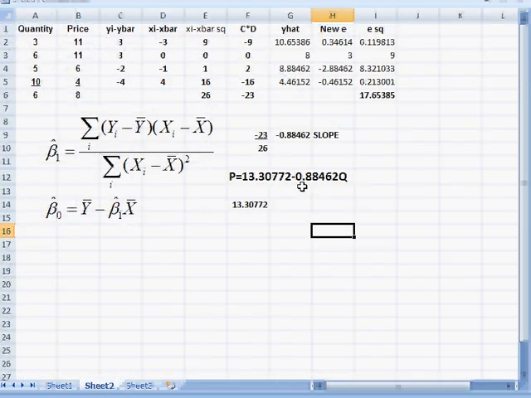What would our prediction be? 13.30772 minus 10 times that, which is 8.8462. Another point will be quantity 10, price 4.46.